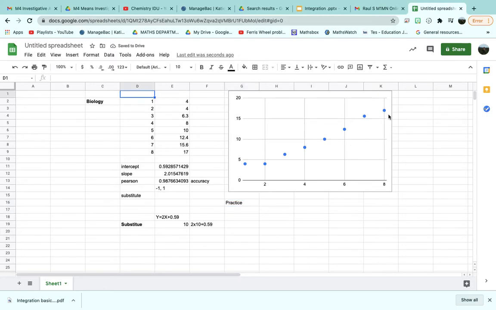So let's say this is to do with, let's think of a continuous variable. This could be height, or this could be the height of a particular animal, and this could be the weight of a particular animal.